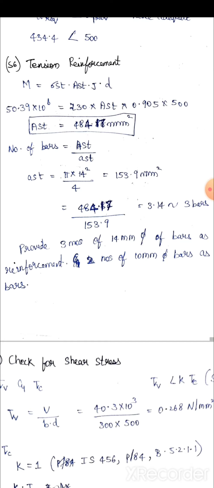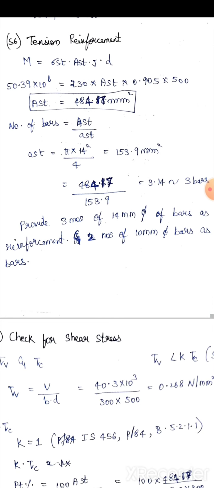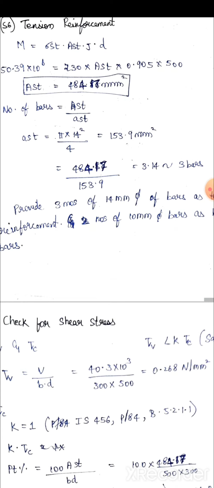Now we must find number of bars in tension reinforcement. So the formula is ast by small ast. Small ast formula is pi d square by 4. D is 14 mm dia. So the answer of small ast is 153.9.